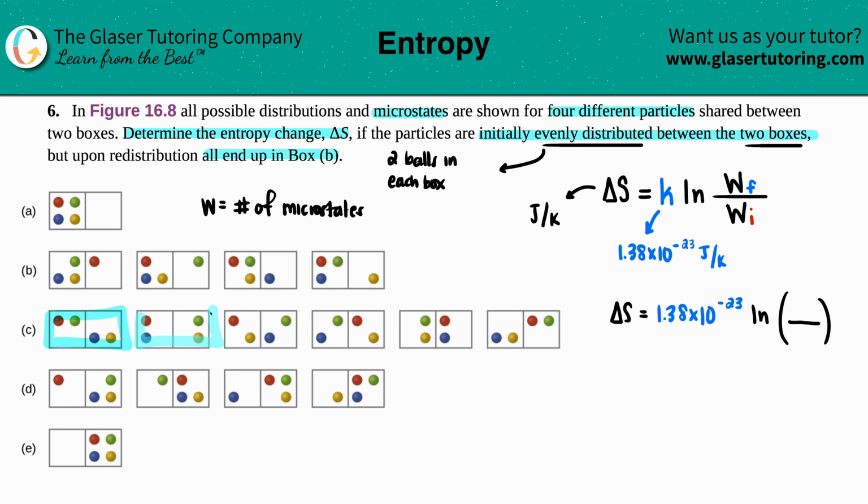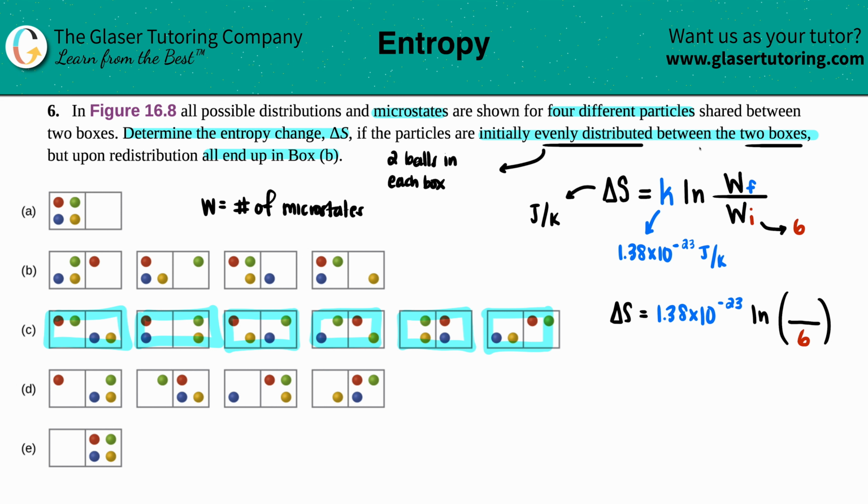Here's another one, 2 and 2, 2 and 2, 2 and 2, and 2 and 2. Looking at D, no more 2 and 2; they're not evenly distributed. So how many total microstates are here? There's 6. That would be our initial value. There were 6 initial microstates that they were describing.